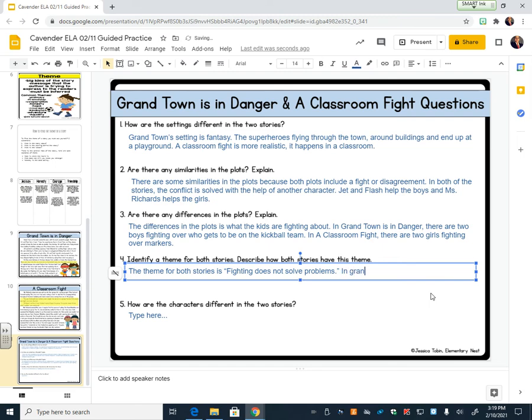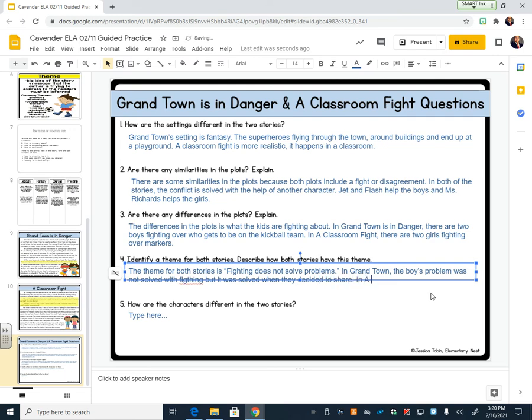So in Grand Town, the boys' problem was not solved with fighting, but it was solved. They decided to share.